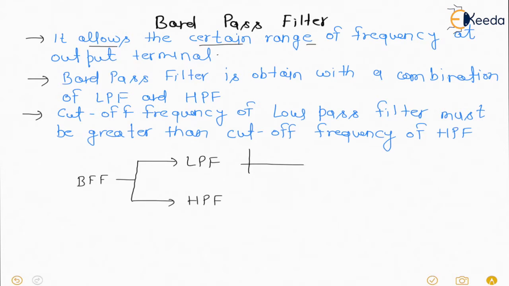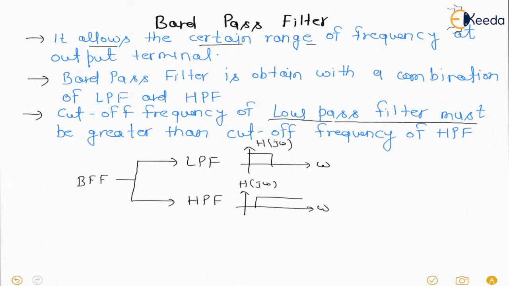I'm drawing the frequency and transfer function diagram here. This is H of j omega and this is omega. So we need to take care that the cutoff frequency of low pass filter must be greater than cutoff frequency of high pass filter.